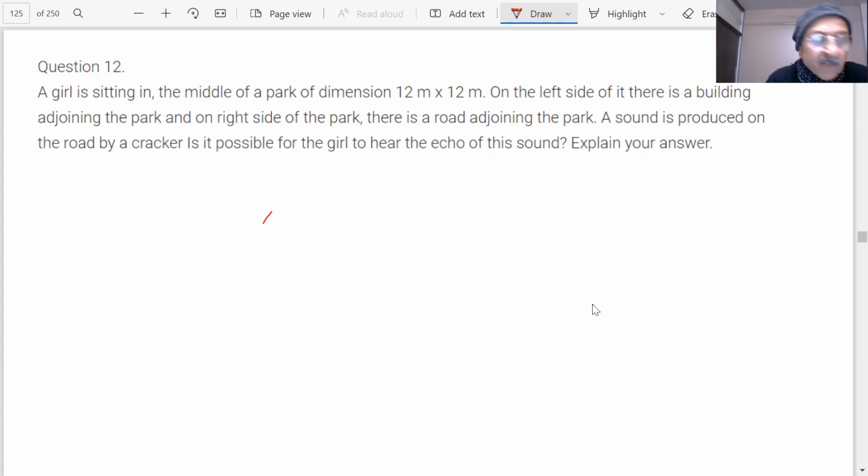If the time gap is around 0.1 second, you are saying. Okay? So we have to find the time gap, students, between the original sound and the reflected sound. You have 2 minutes to try the question.